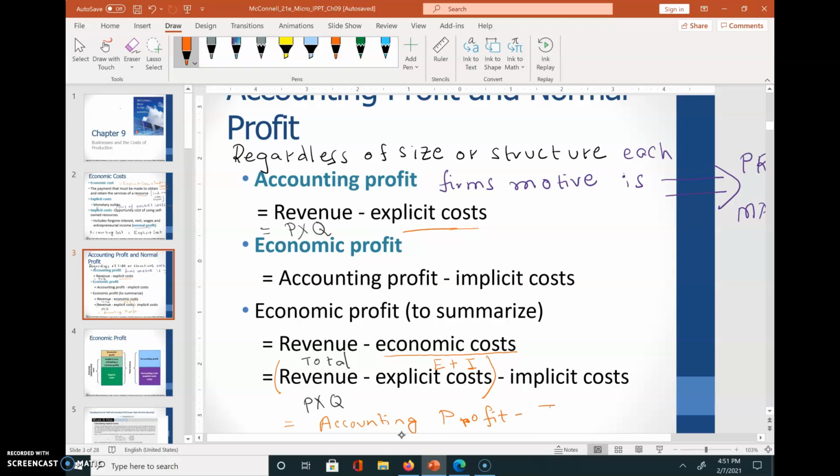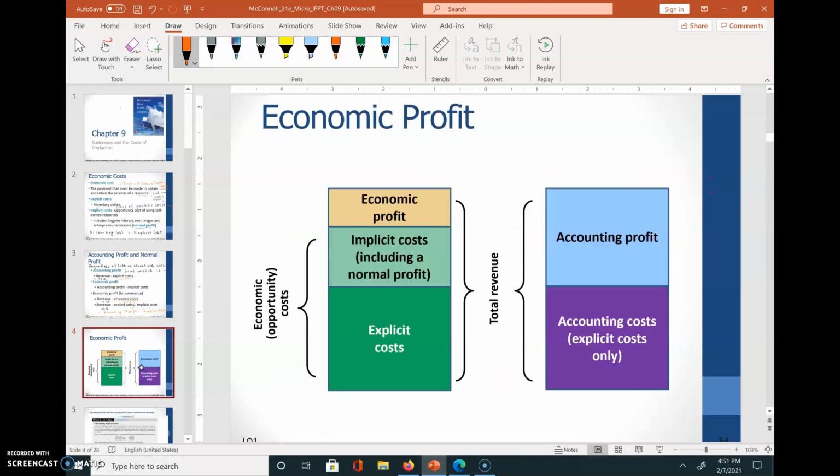From that, we take off the implicit costs of production. Okay. All right, over here, we are just expressing everything using these boxes. These economic costs are implicit costs and explicit costs. And this economic profit is total revenue, from which we take off implicit and explicit cost of production.